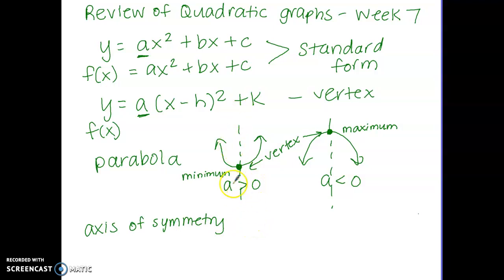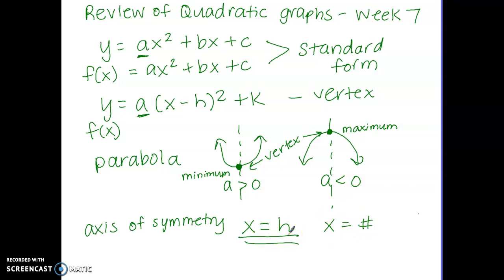Since it's going up and down, it's a vertical line, which means it's x equals some number, and that number actually is the x value of the vertex because it always cuts right through the vertex. So the axis of symmetry is always x equals some number, and that number is the x value of the vertex.